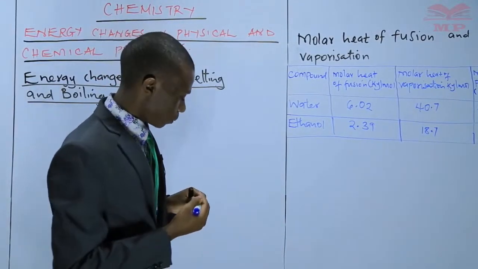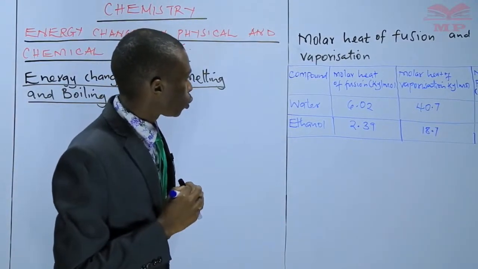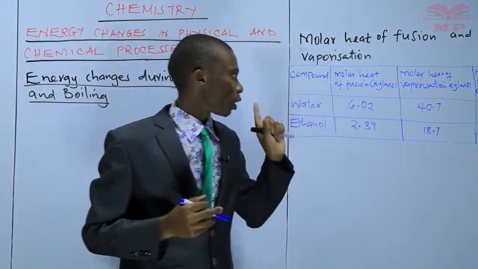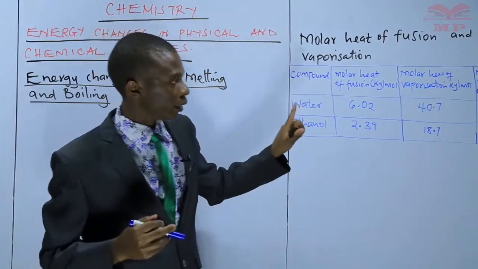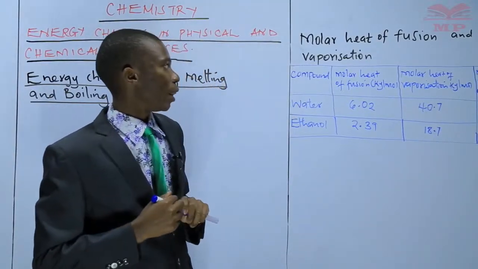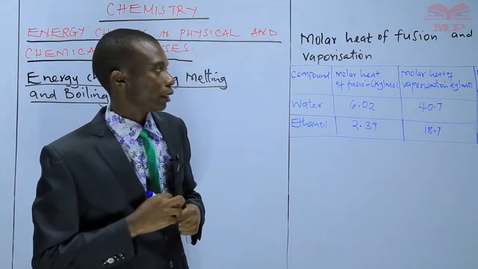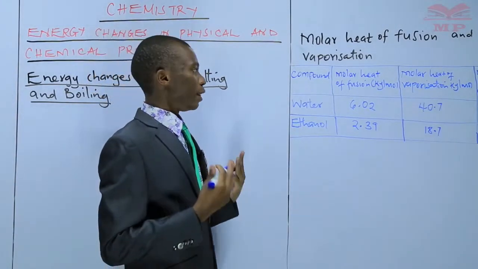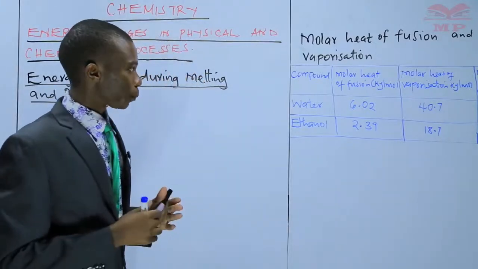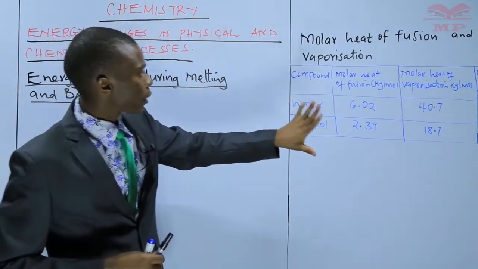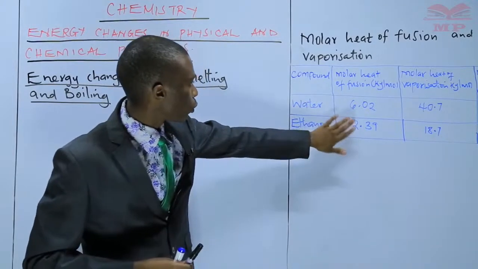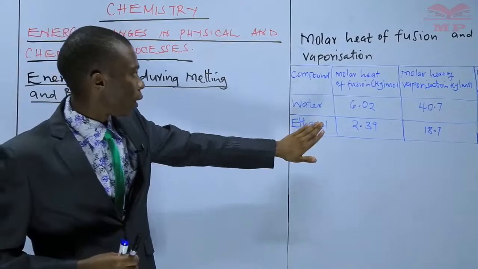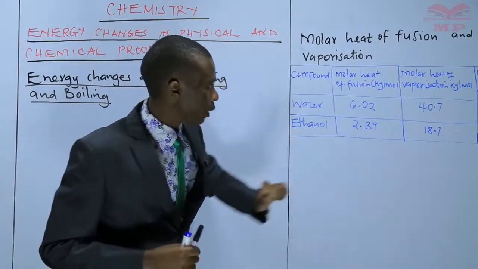Coming to ethanol, the molar heat of fusion of ethanol is 2.39. The molar heat of vaporization of ethanol is 18.7, and the melting point of ethanol is 188. This shows that the heat of fusion for water is 6.02 and for ethanol is 2.39.